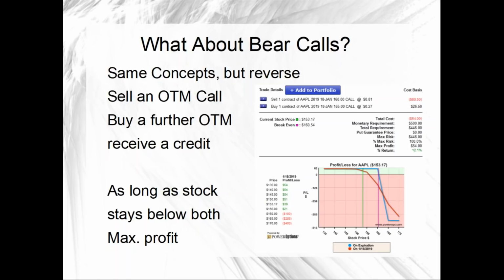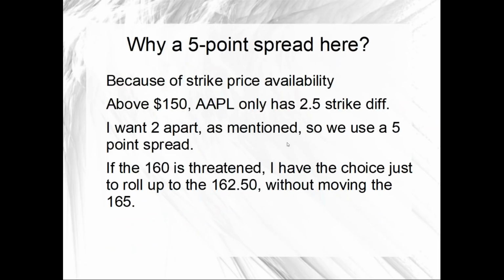That monetary amount was already deposited in my account from the exchanges. Of course, may have to manage the position if it starts to move against me. I'm a couple strikes away, only 7 points this time, but a couple strikes away from the current stock price to get that better probability, having that lower delta, but the better probability that the stock will stay below my short call strike price at expiration.